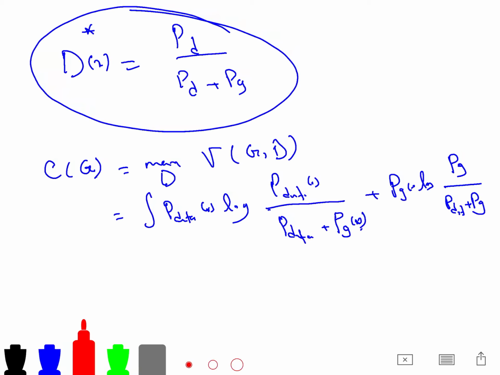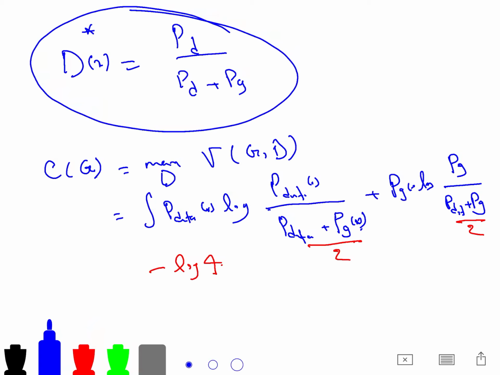You don't mind if I divide it by 2 here and then divide it by 2 here, and the overall thing divide by log 4. So nothing has changed. And you will notice that this is just a KL divergence.